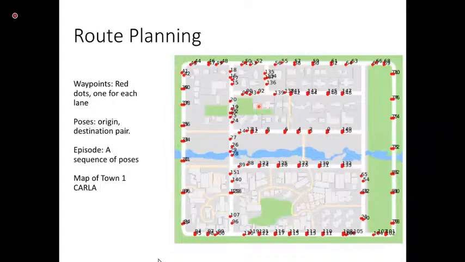Something we don't work on comes with Carla. The Carla simulator also gives you a route planning module. If you have a pair of endpoints, origin and destination, the route planning module will generate the intermediate waypoints.